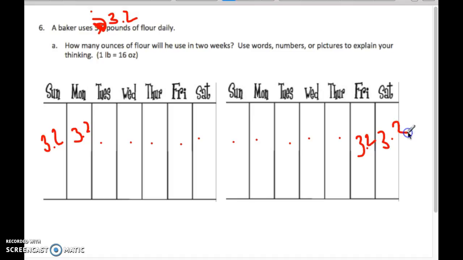So if I count this all up, 1, 2, 3, 4, 5, 6, 7 days in the first of the 2 weeks, 8, 9, 10, 11, 12, 13, 14 in the second of the 2 weeks. So another way I can say this is he uses 3.2 pounds of flour every day for 14 days. Okay, so I could add this number up 14 times, or I could take 14 groups of that.